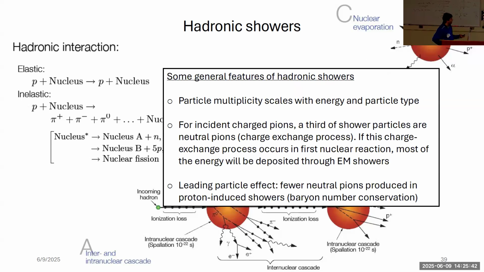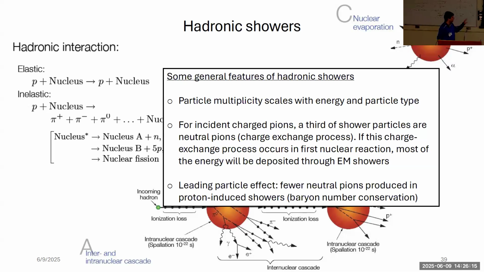So basically the general features are that particle multiplicity will scale with energy and with the particle type. For incident charged pions, about a third of the shower particles will be neutral pions, and these will be produced through the charge exchange process. If this charge exchange process occurs in the first nuclear reaction, most of the energy of that pion will be deposited through EM showers rather than hadron showers.